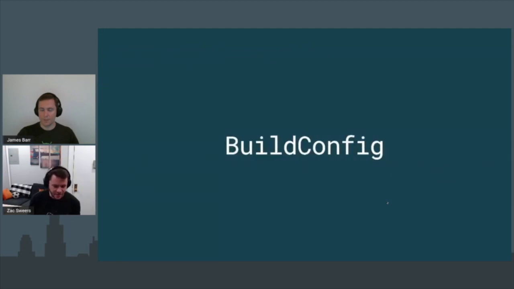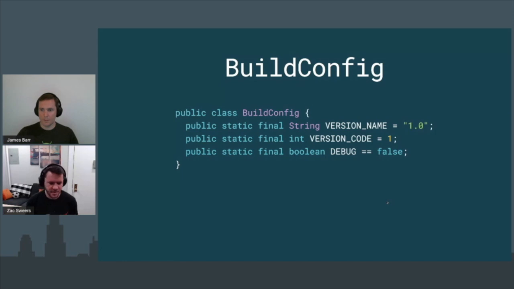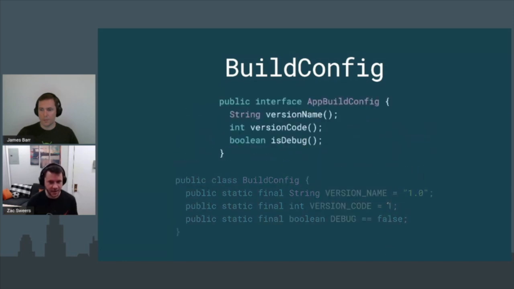The last API change I want to mention in here, or API space, is talking about build config. So build config in Android is just this class of static constants in your app, and it also gets generated per project. We can actually use the previous pattern that we just talked about to generate only one and make it more testable. So right now, it's constants, but what if we extract an API out of this?